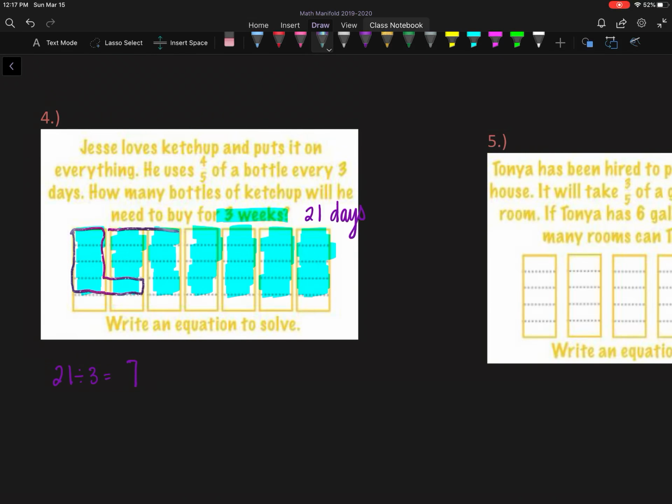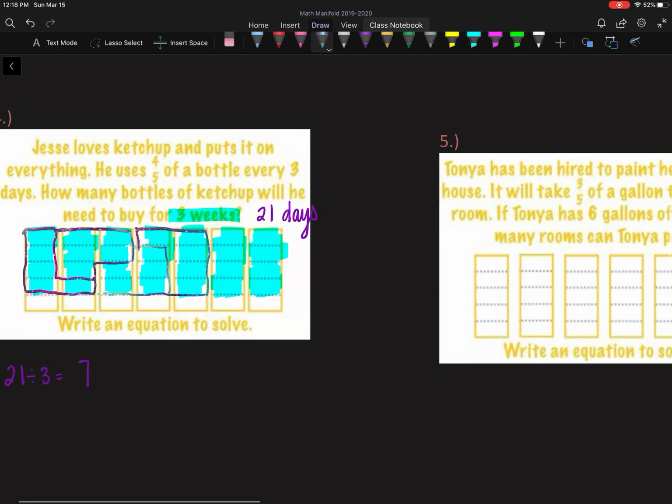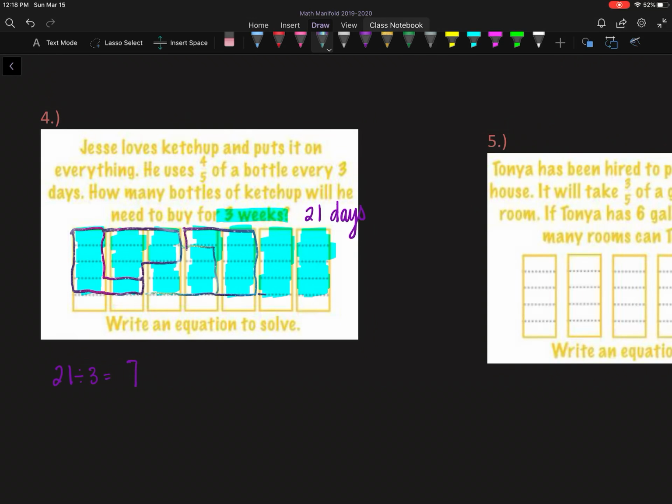And let's see, 3 and 2, so there's another whole bottle of ketchup used. 1, 2, 3, 4, 5 whole bottles of ketchup that he uses, with 3/5 left over.